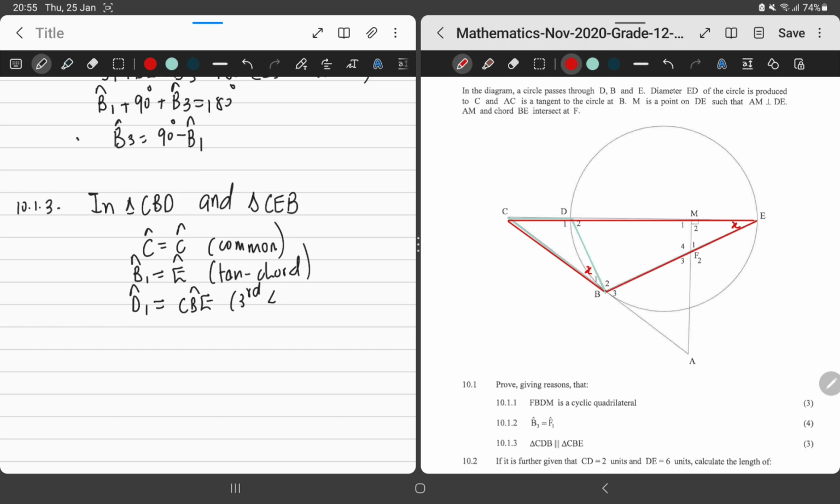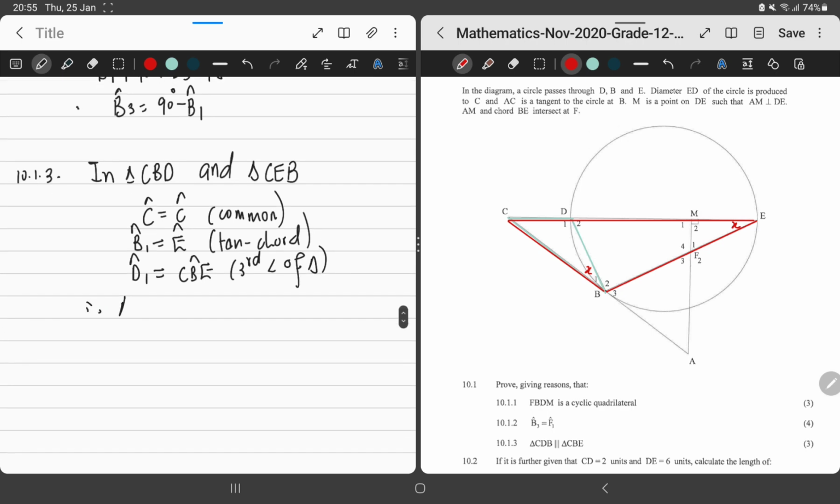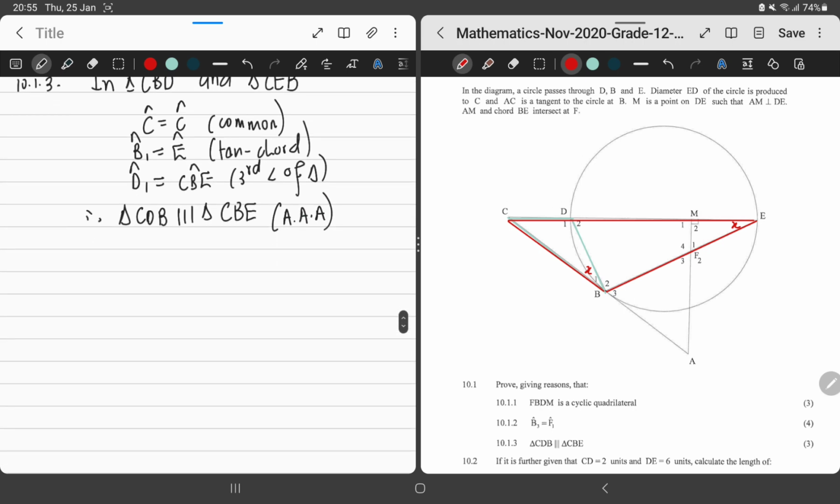This is the third angle of the triangle. So triangle CDB is similar to triangle CBE. Angle, angle, angle.